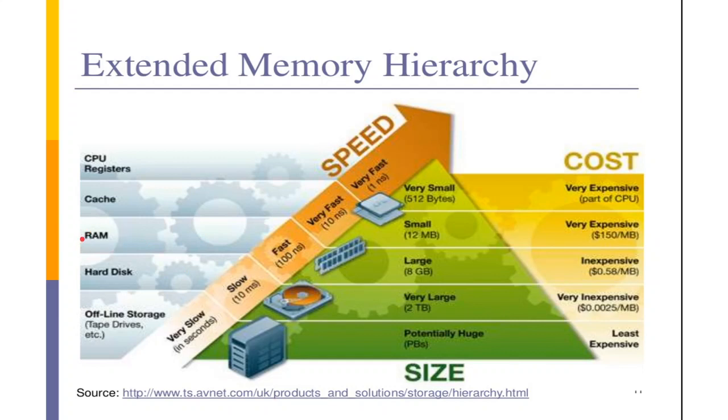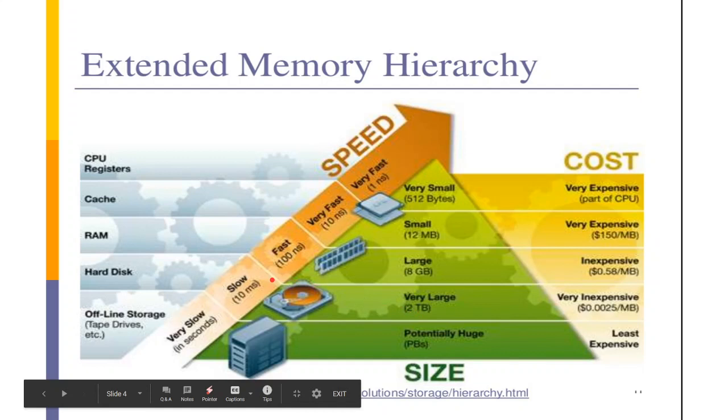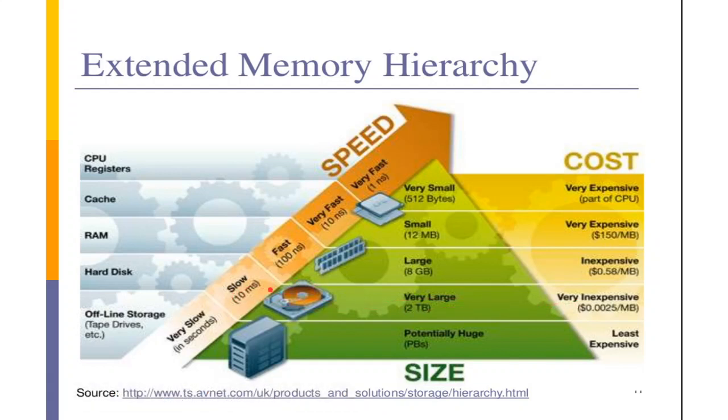RAM is fast memory, but its size is a little larger compared to the other two, 8 GB. Next comes a very large one, that is 2 TB, which is slow and very inexpensive. It's a hard disk, and it's very slow, measured in milliseconds, about 10 milliseconds.